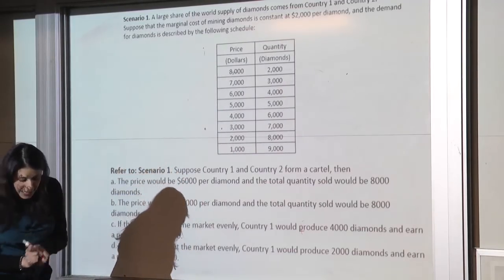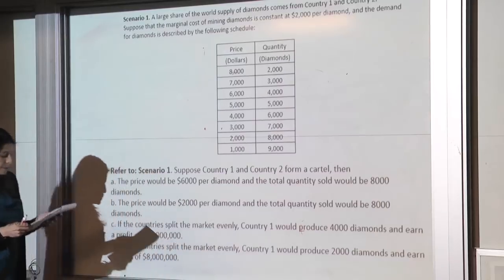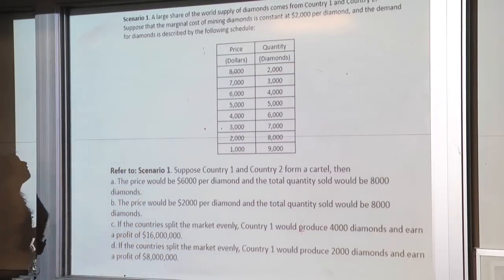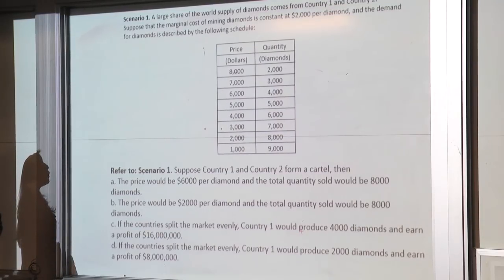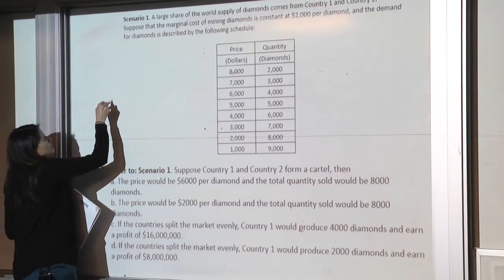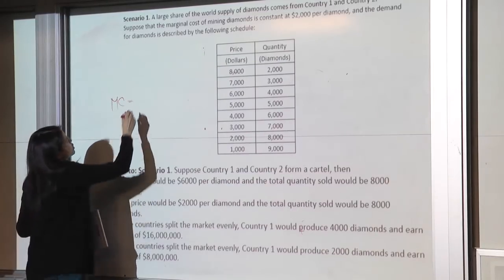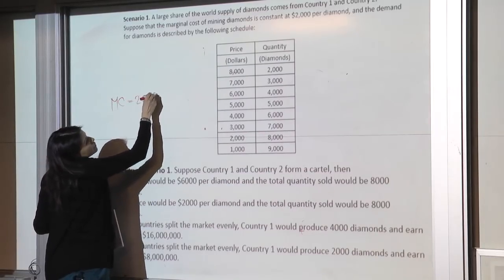17. Okay. This question also has a lot of calculations to make. So, a large share of the world supply of diamonds comes from country 1 and 2. Suppose that the marginal cost of mining diamonds is constant and is 2,000 per diamond.